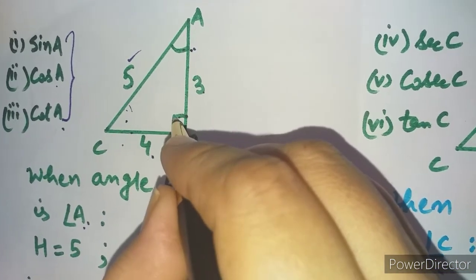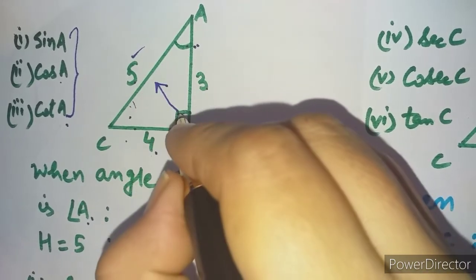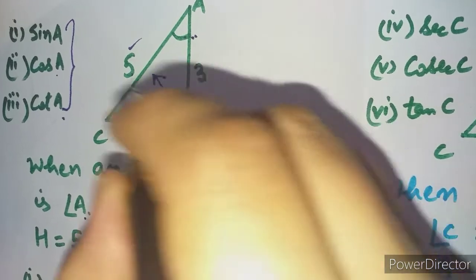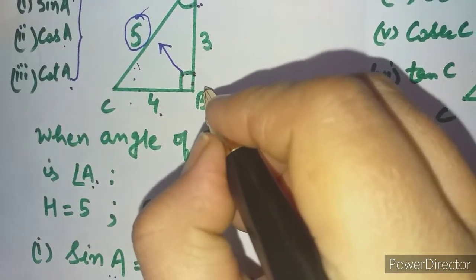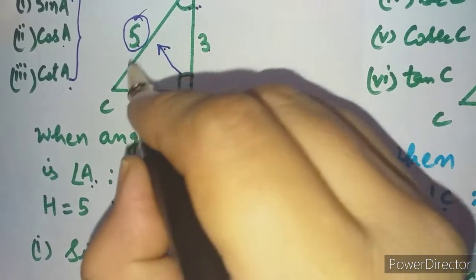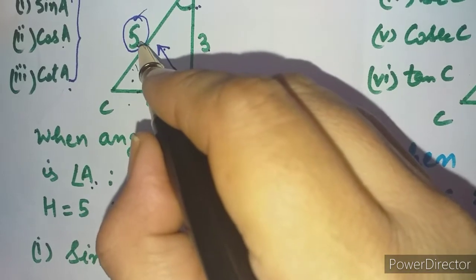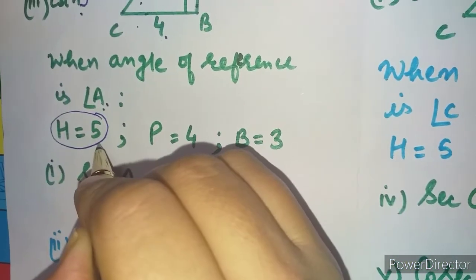If the right angle does not change, then the side in front of it will also not change. It clearly means the hypotenuse is never going to change. We may take angle A or angle C, but the hypotenuse will remain permanently at this side only. So I have written hypotenuse is 5 only.